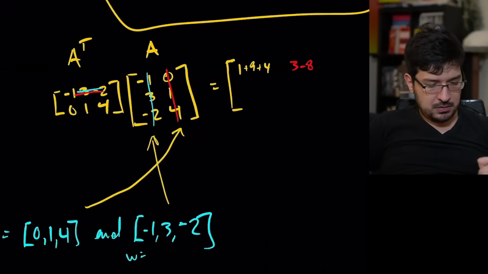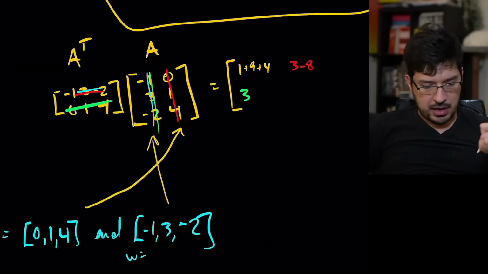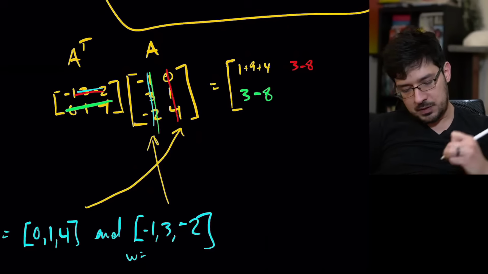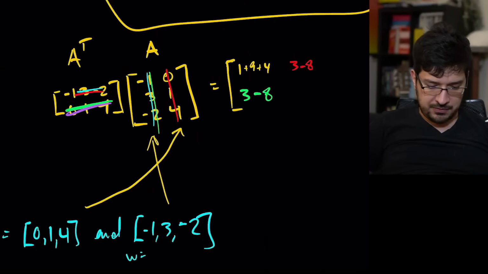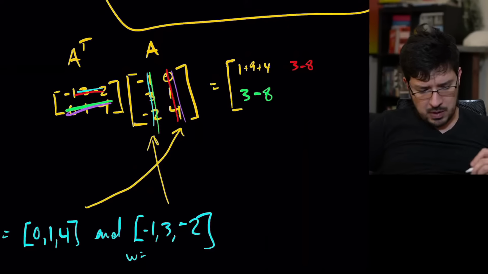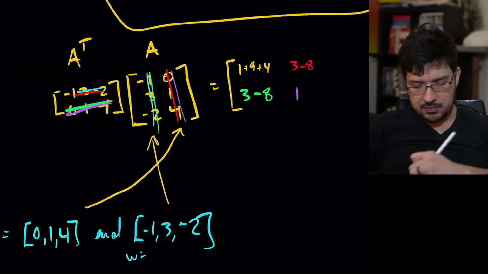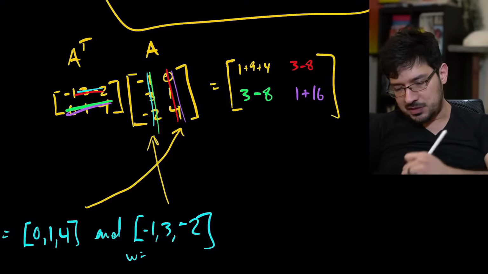Now this row and this column: 0 times -1, 1 times 3, and 4 times -2. And finally, that row, 0, 1, 4, and 0, 1, 4. They're not always dot products with themselves, but sometimes. 0 times 0, 1 times 1, and 4 times 4. Look at that. We all learned something today. This is really cool to me.